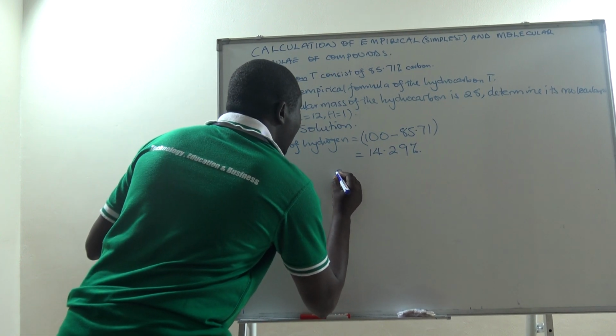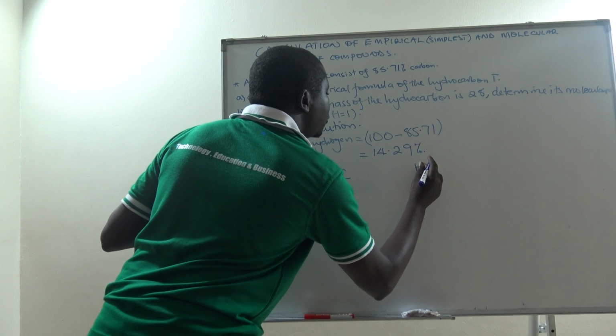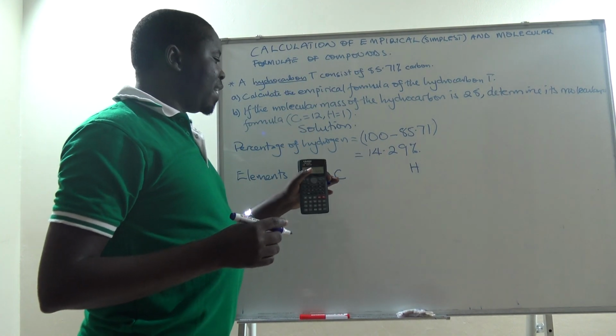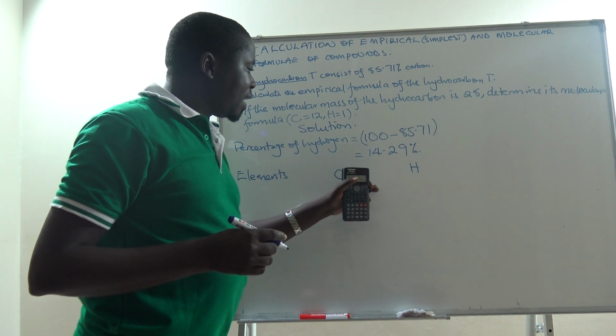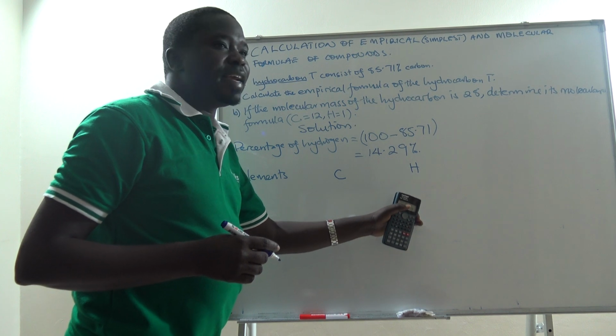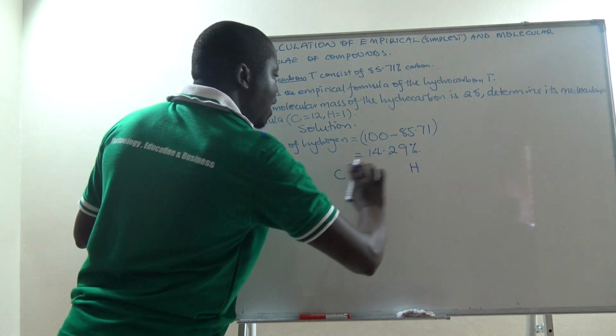These elements are carbon and hydrogen. Make sure that the chemical symbols are a bit far from each other because you may have a long decimal number, so it should not contradict with what is under the next element. So in this case, carbon is here, hydrogen is here in one row.